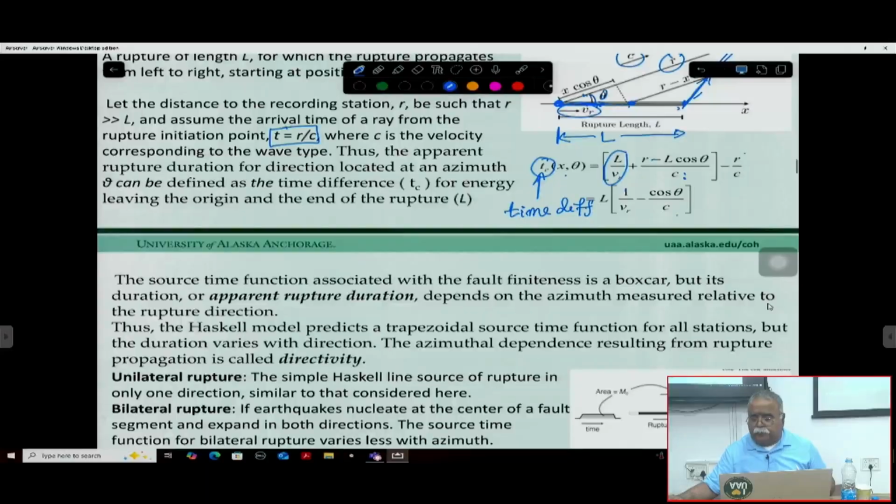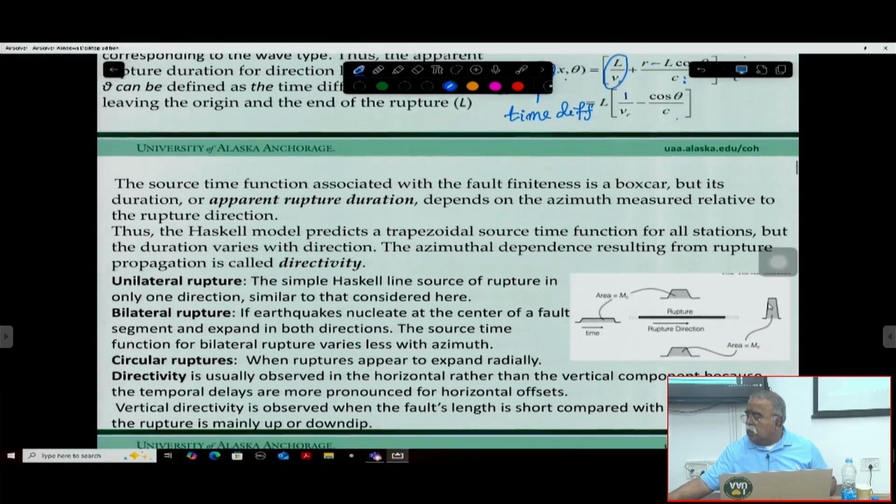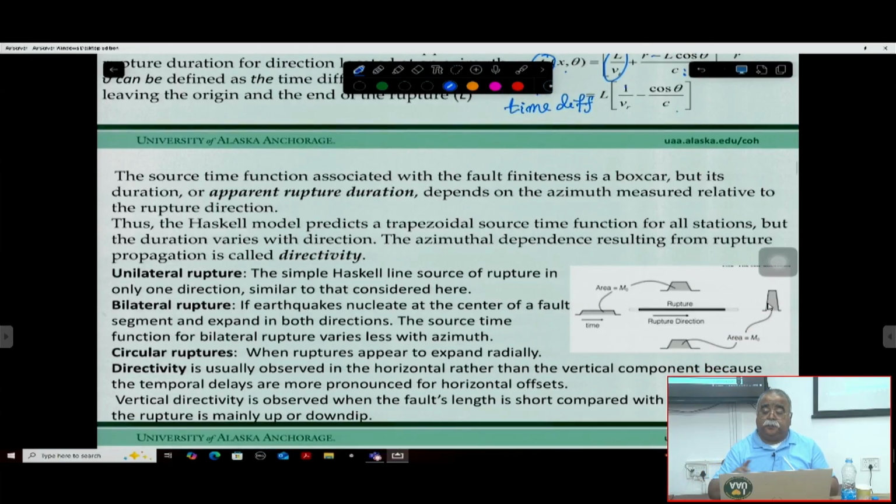So if you can see in that manner, okay, now let's see what the directivity part is, and that is why it is important. So this is the fault.